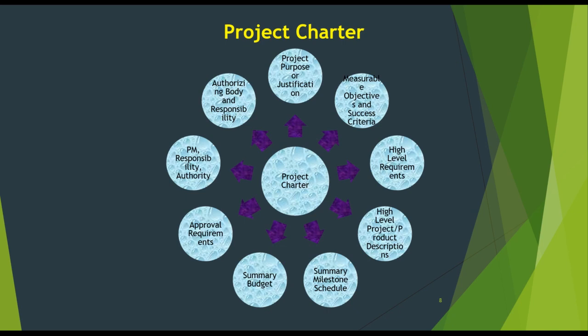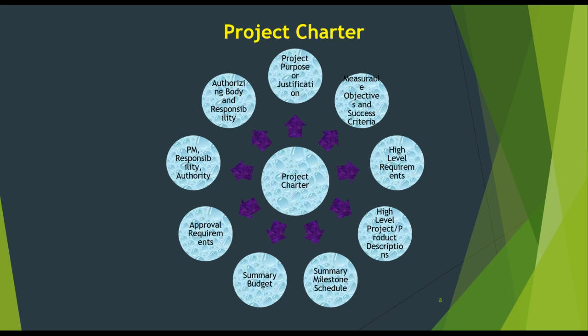Regarding the project charter, in the previous slide we mentioned it should contain the project name, the purpose and goal, budget, deliverables, scope, risk, roles and responsibilities, timelines and milestones.